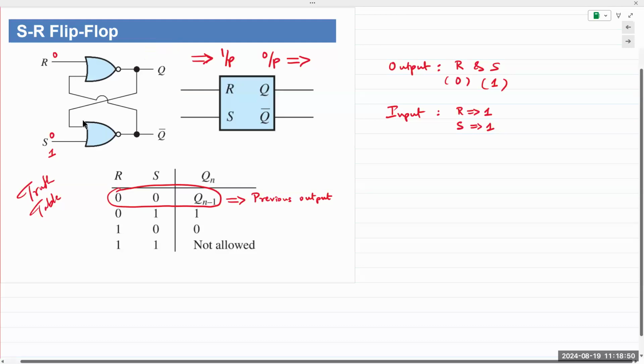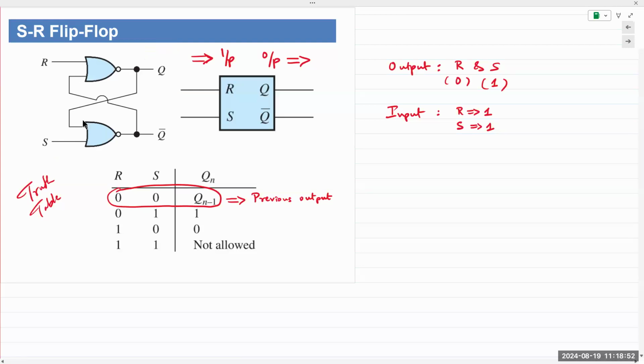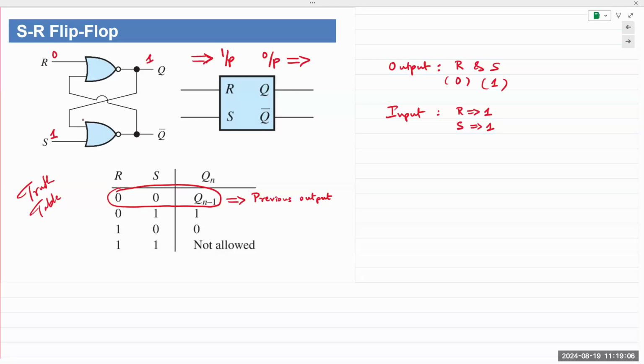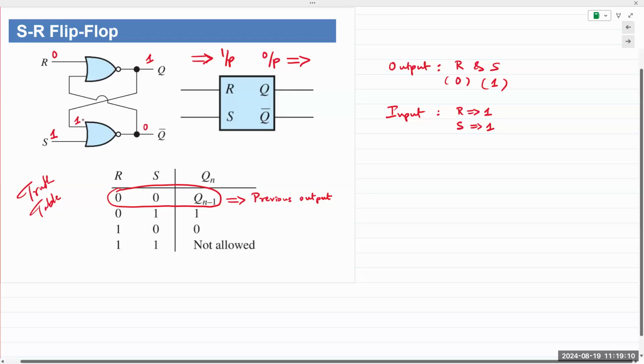Okay, so R was 0, and now S is 1. You're setting, right? Then this goes high. Q goes high, is fed back here. Output goes to 0. That's fed back here, and the output stays at 1.